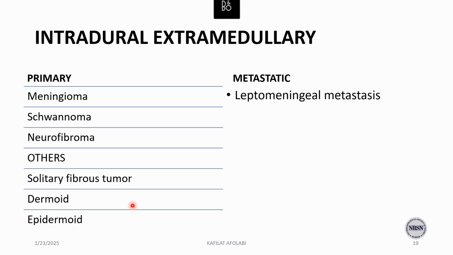The others are solitary fibrous tumor, dermoid, and epidermoid cysts. Then in the metastatic group, we have leptomeningeal metastasis. Since common things occur commonly, we're going to talk about how to discriminate between the common ones.